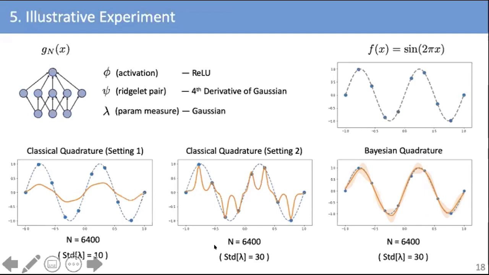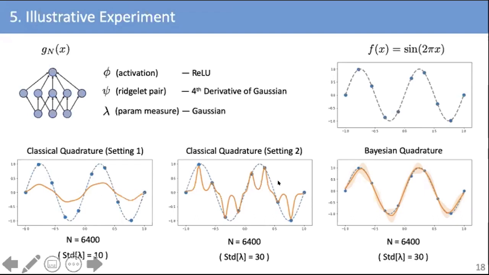As we can see here, since we only have 10 data points, the neural network constructed by classical quadrature fails to capture the sine curve behind the data. The first picture shows a network that is not complex enough to represent the sine curve.